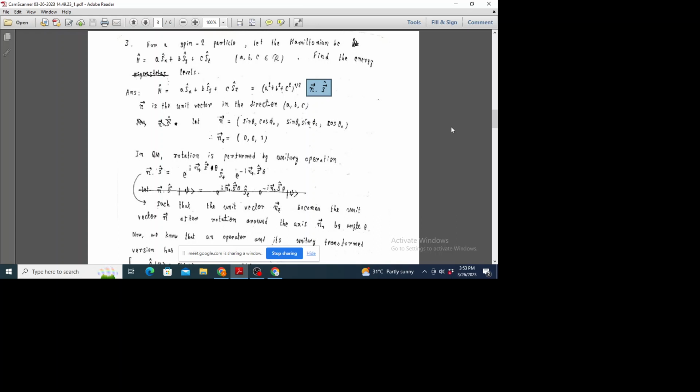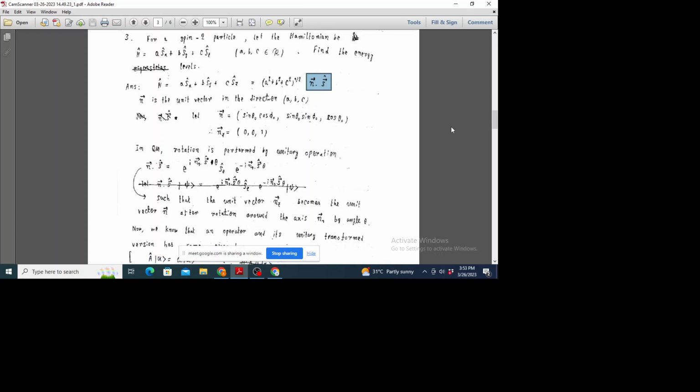So by performing a rotation, you can go from that SZ operator to this n vector dot S cap operator. And in quantum mechanics, the transformation of the operators is performed by unitary transformation.